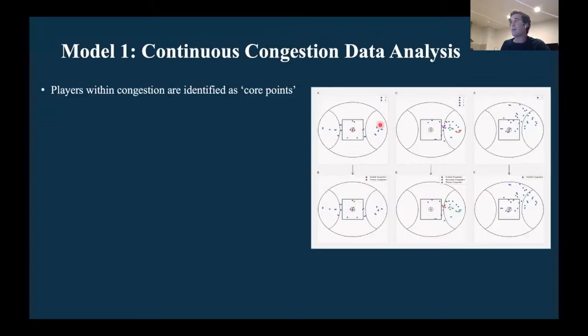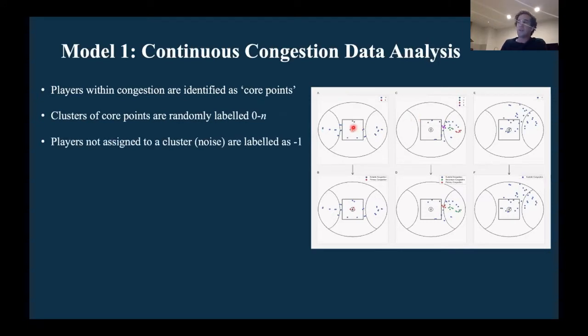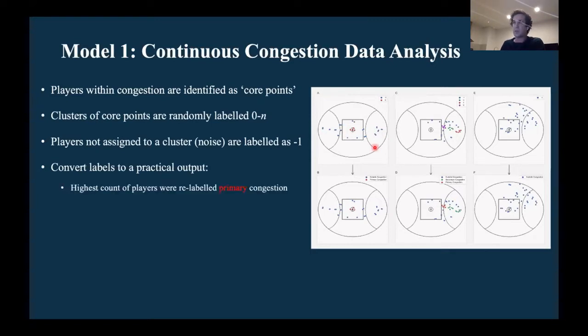This is just an output from the model in this figure here. If the model did classify the players within congestion, they were considered core points. If it was a core point, they were labeled 0 through n, so 0, 1, 2, 3, etc. Players not assigned to a cluster were considered as noise, and that's always designated as a -1 here. These integers aren't really practical, so to convert them, we translated these into separate labels.